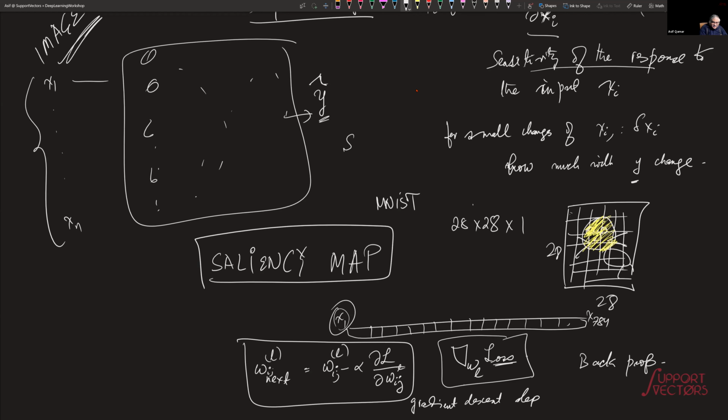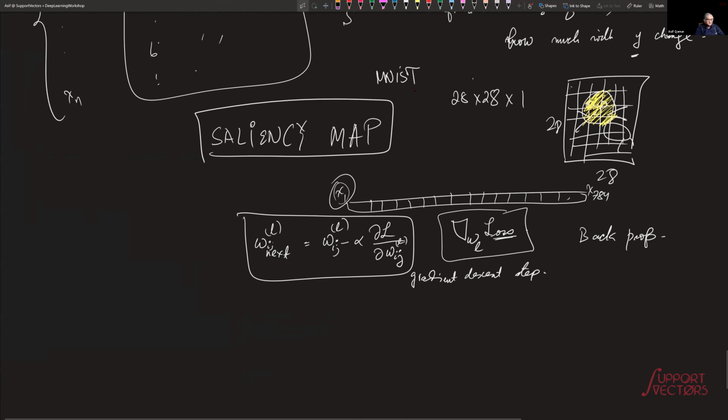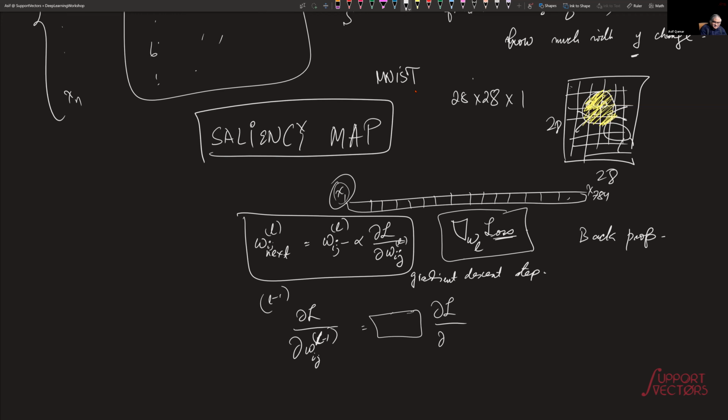And that is for layer L. Now, how do you do it for layer L minus 1? We need to know the gradient for the L minus 1 layer, but if somehow I can express it in terms of the next layer, I am done, isn't it?